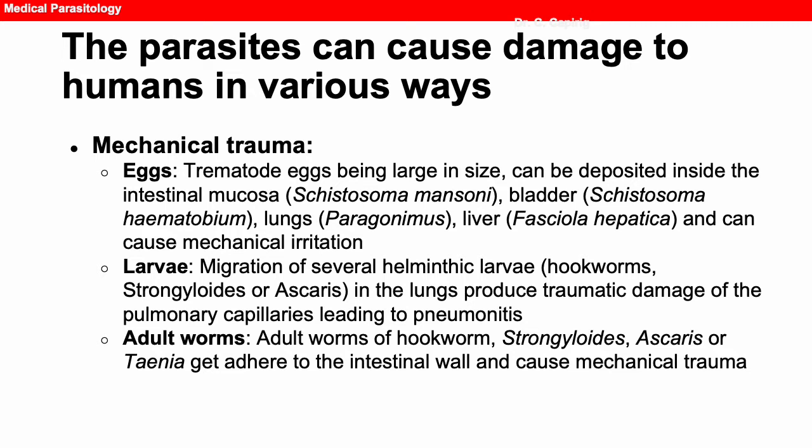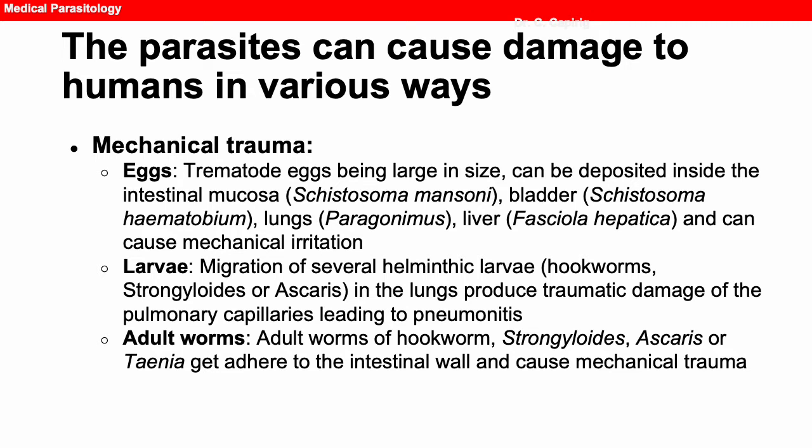The usual sequence is from egg to larva, then larva develops into adult. Larvae notably can easily migrate. Hookworms, Strongyloides, or Ascaris can migrate through the lungs, producing traumatic damage of the pulmonary capillaries, leading to pneumonitis, or the inflammation of the lungs.